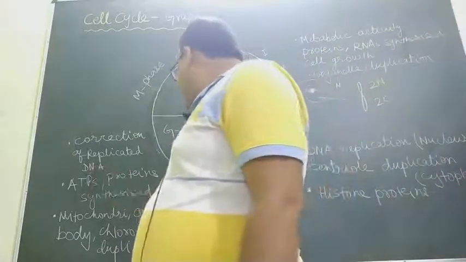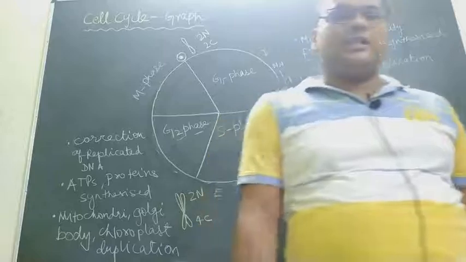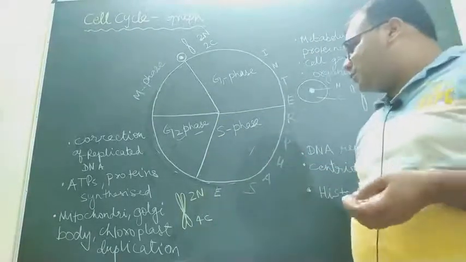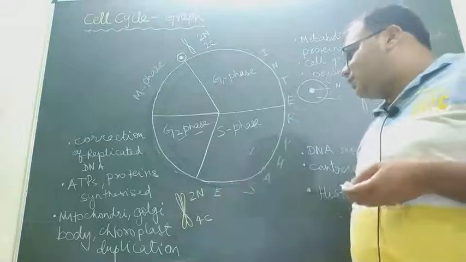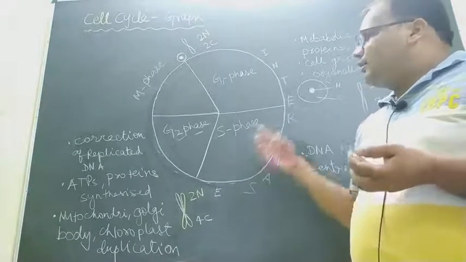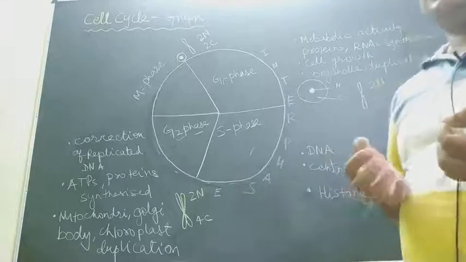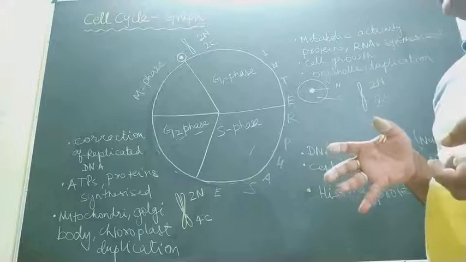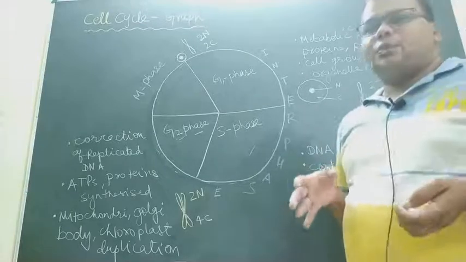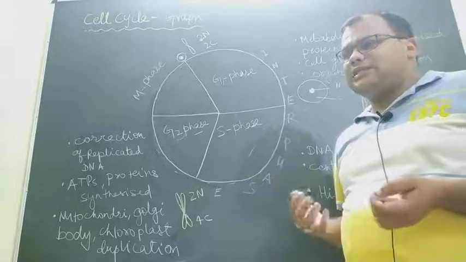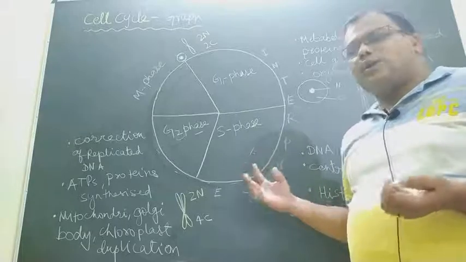Why is this gap 2 phase necessary? Because if the chromosome is not properly synthesized and ATP is not properly formed, then the process of karyokinesis and cytokinesis will not be completed properly, and there will be a large number of anomalies and mutations in the daughter cell.